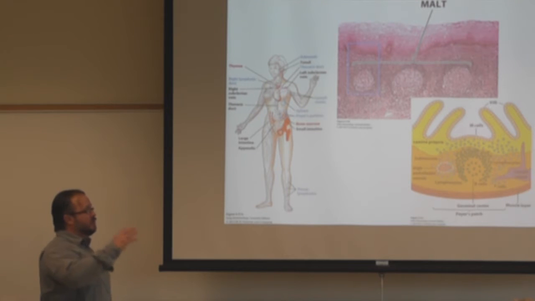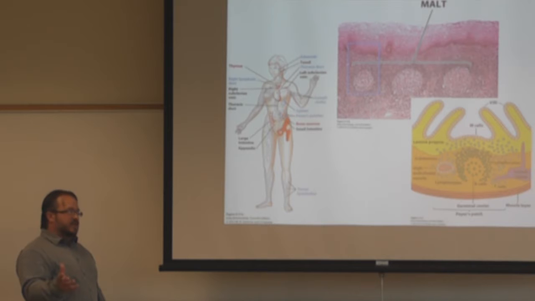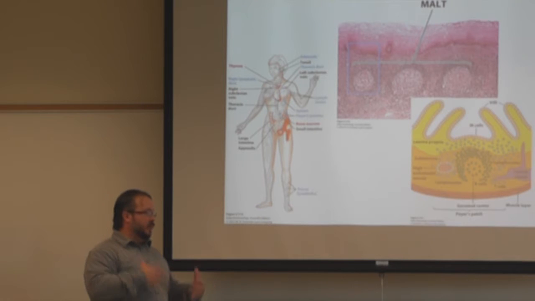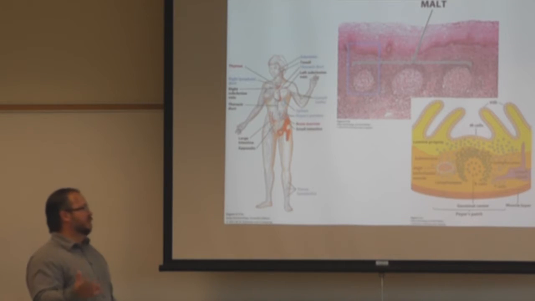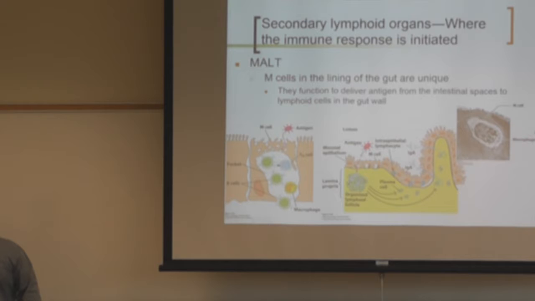So most of the time what happens is those cells, as long as there aren't any danger signals being produced, they will actually produce regulatory T cells that are suppressive, that will suppress potential responses that you might have. And so you have these M cells.